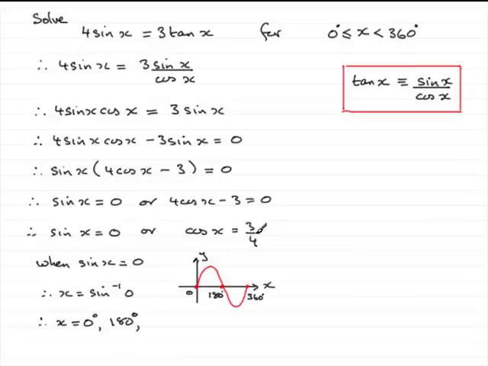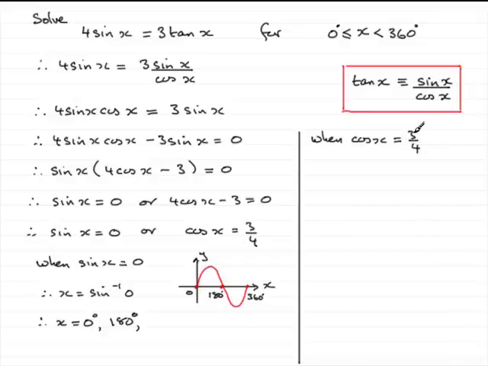Now let's talk about cos x equaling 3/4. So what we'll do is just come down on this side now, and so we'll say when cos x equals 3/4, then for something like this I would use the quadrant method.